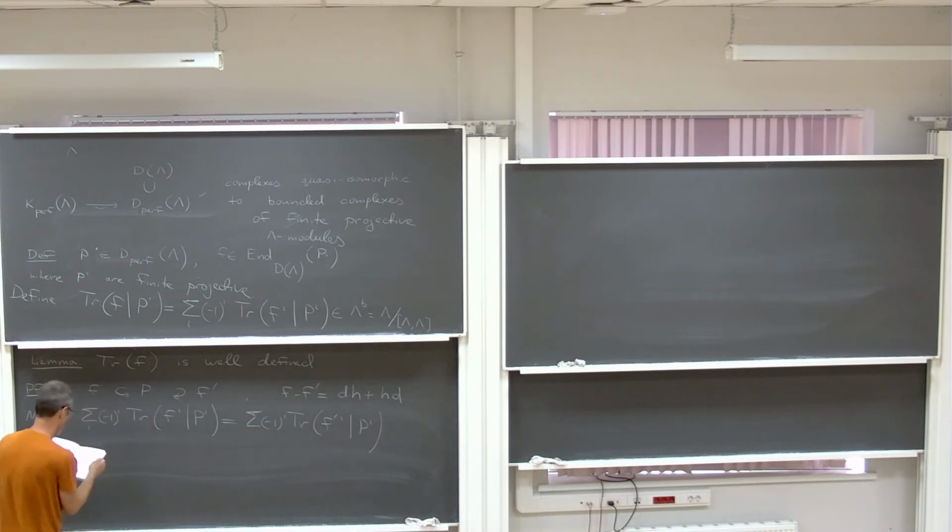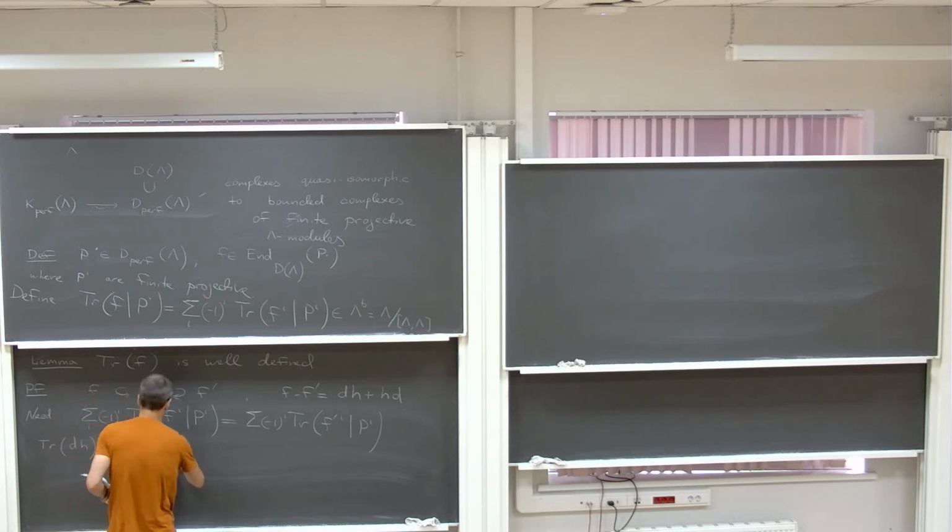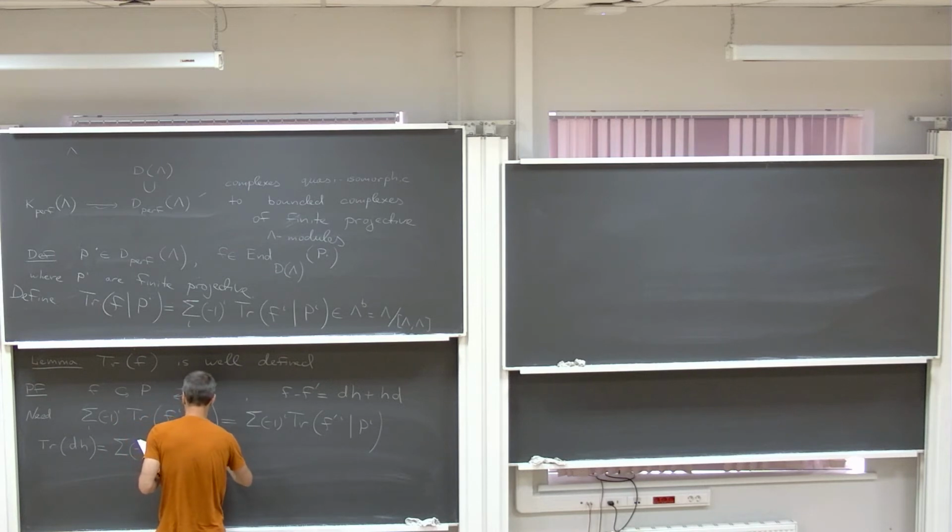So very good. To this end, let's consider the trace of DH. By definition, this is the sum of traces of DH on P_i.